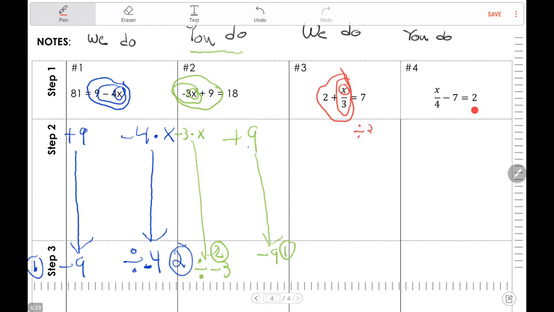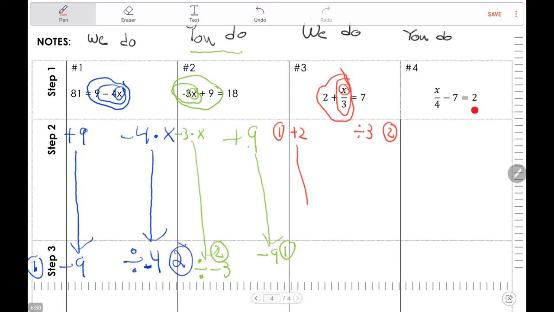Divide by 3 and adding 2. Let's put a 1 next to that, adding 2. Let's put a 2 next to that, dividing by 3. Because adding 2 is the first layer, and dividing by 3 is the second layer.